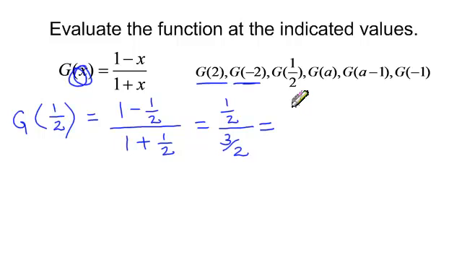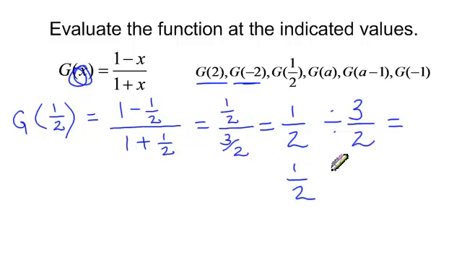I would rewrite this as 1/2 divided by 3/2. So you see, I just took the numerator, divided by 3/2, the denominator. All I did is I rewrote this ugly, ugly fraction. I just wrote it out horizontally, 1/2 divided by 3/2. And we know dividing by a fraction, you can multiply by the reciprocal.